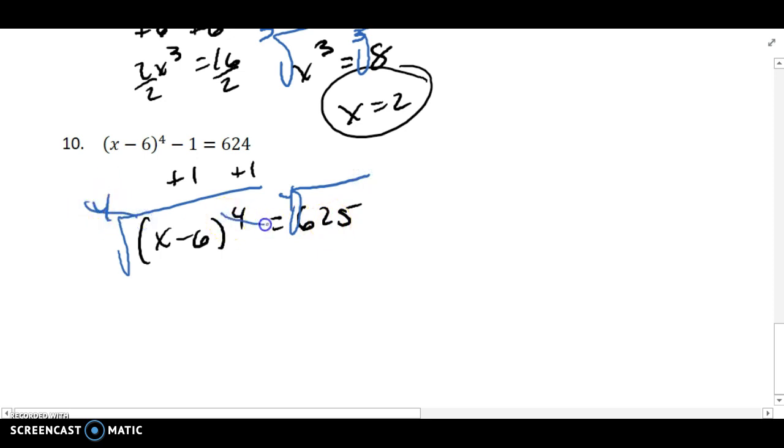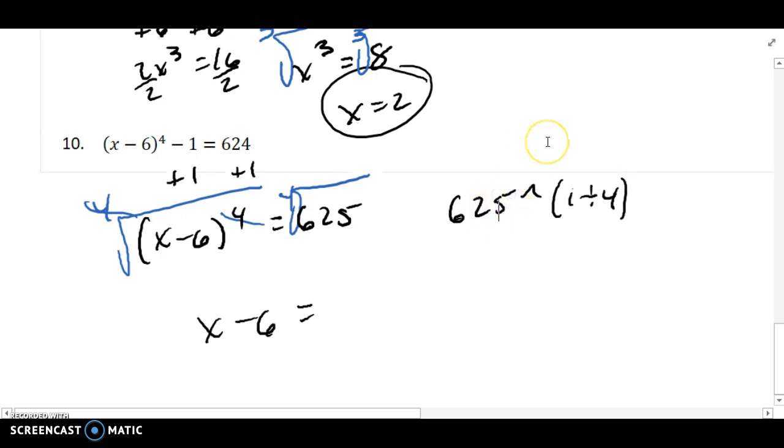So those are going to cancel. x minus 6 and 625, I'm going to write it like this, to the power of 1/4, and put it in my calculator. Sorry, this is 625. So 625 to the power of 1 divided by 4, and we get 5.